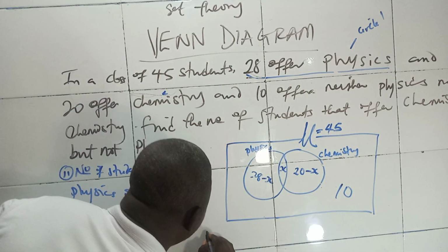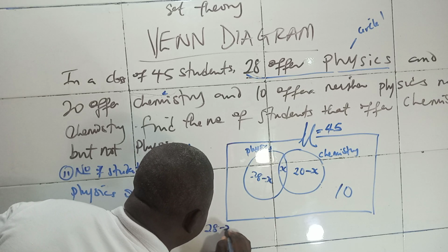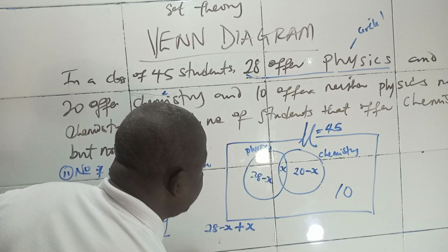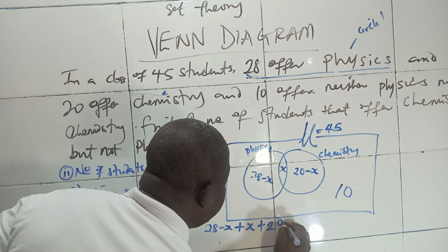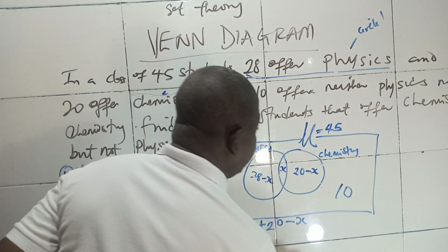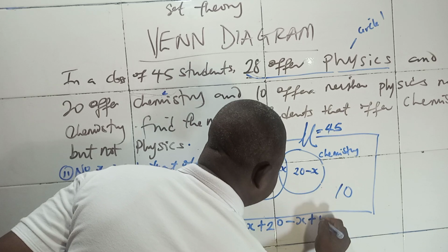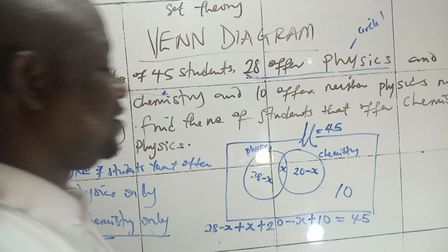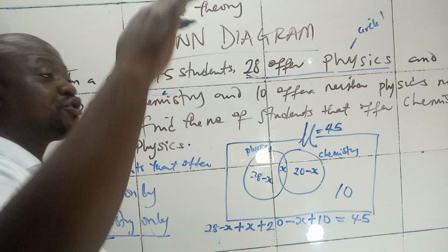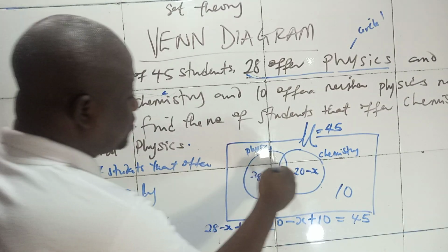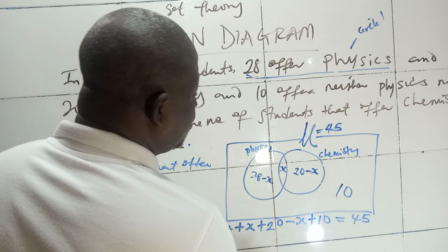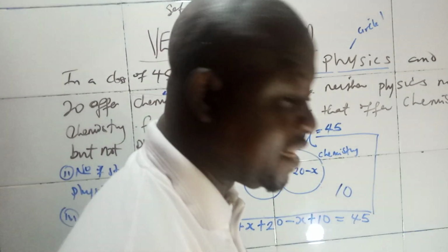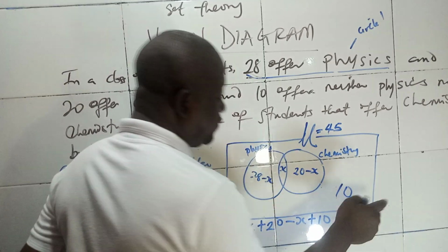So we now have 28 minus x plus x plus 20 minus x plus 10 is equal to 45. That's the meaning of the grammar I'm speaking. All these subsets must be added together to give you the universal set. What's the universal set? 45.